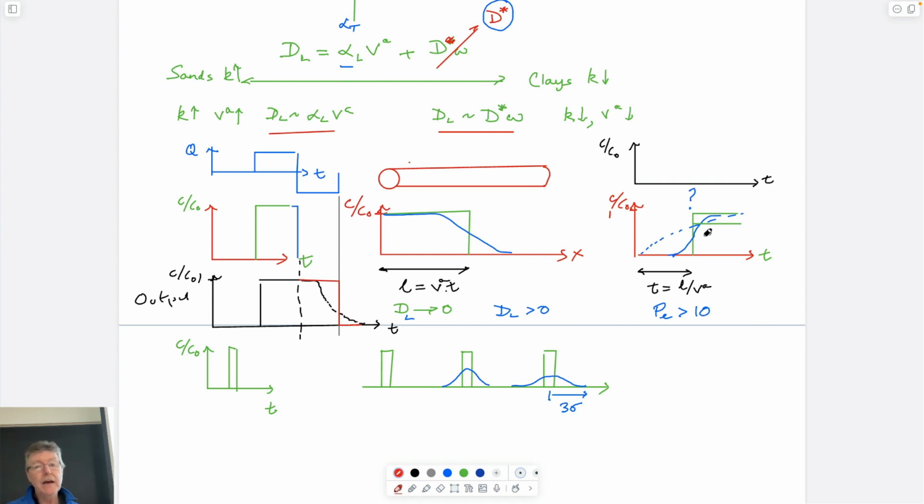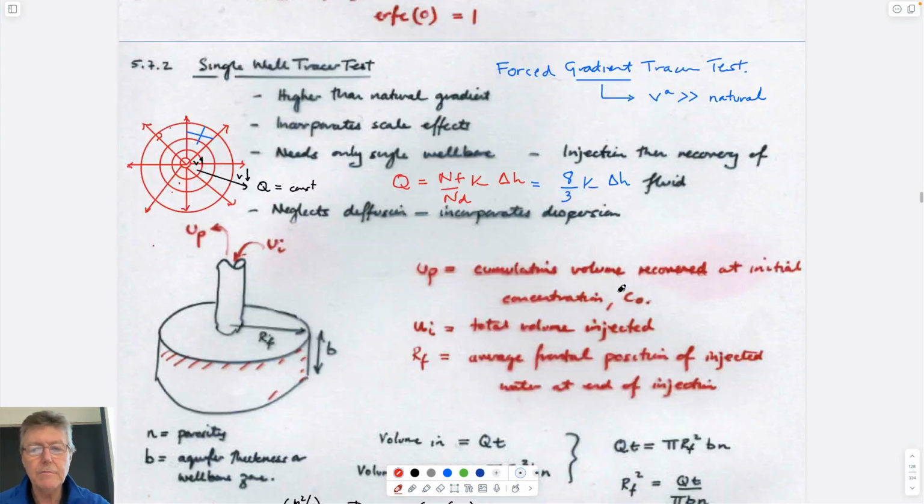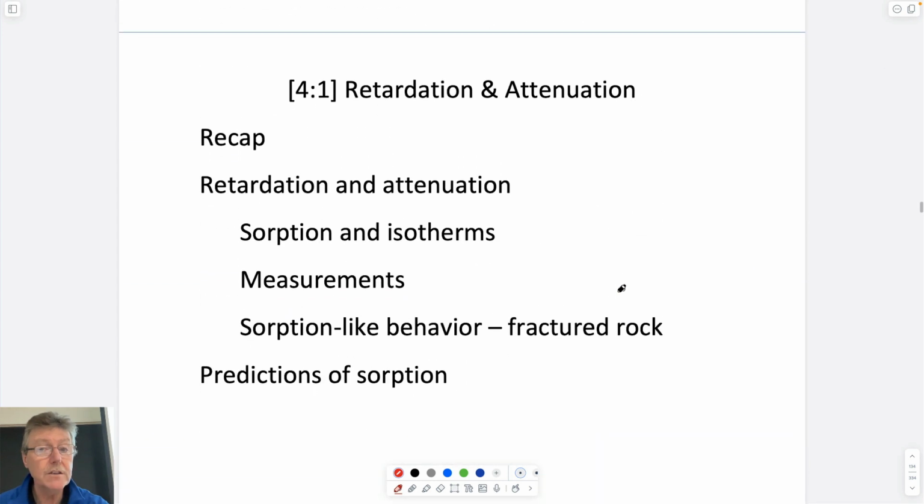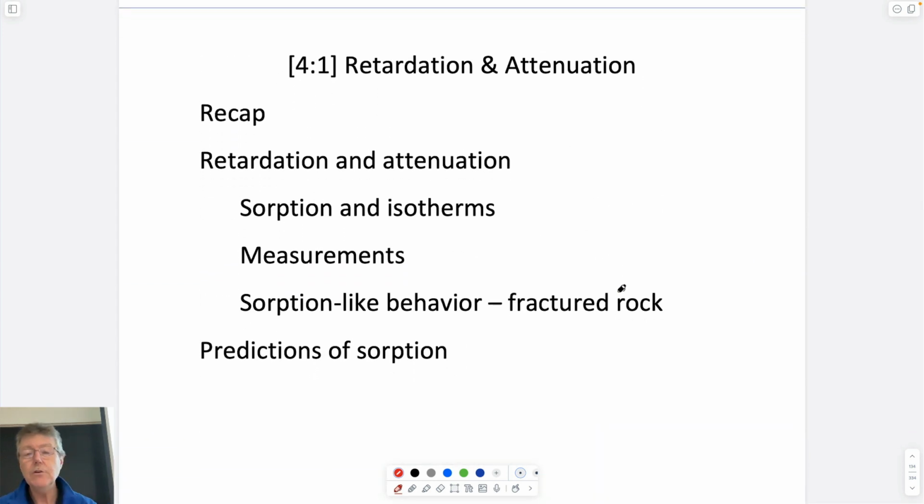It'll move it, and if it's moved out of the water, then by definition, the concentration has to drop, because we're measuring the concentration in the water, typically. And so the next thing we'll talk about is attenuation and retardation. So attenuation means that it drops the concentration because it takes it out of the water and sorbs it onto the organic carbon.